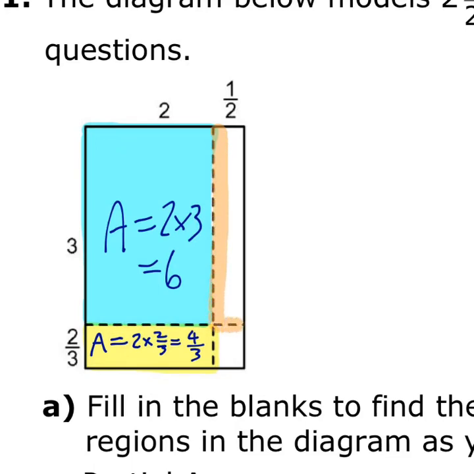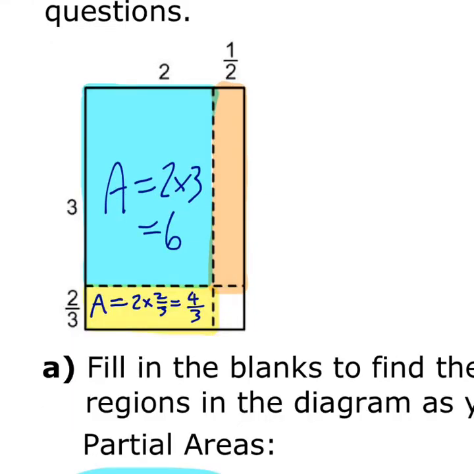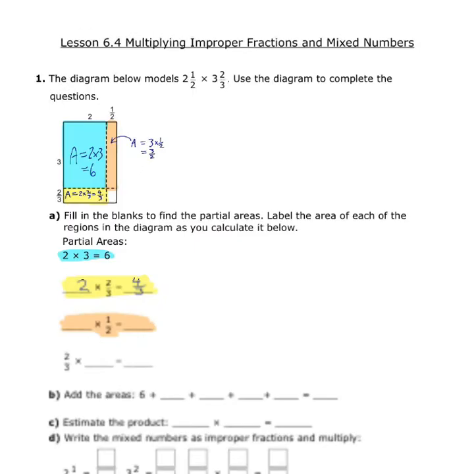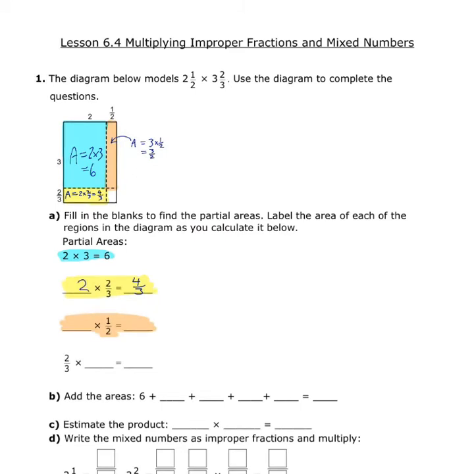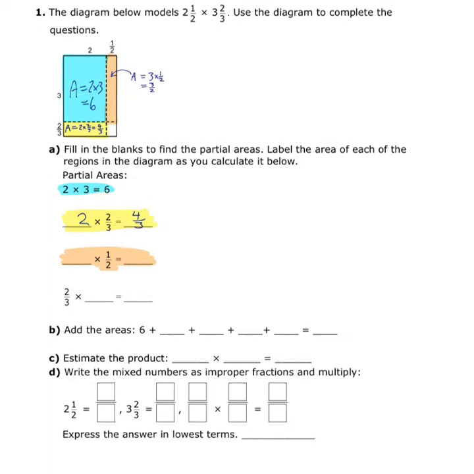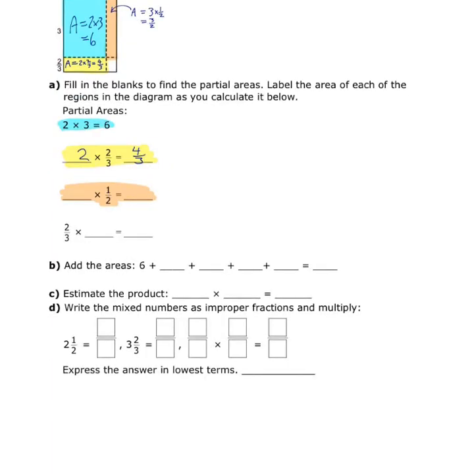So 3 times 1/2 gives us another one of the partial areas. So this particular area inside here is 3 times 1/2, which is equal to 3/2. Alright, so again, right over here, this is 3 times 1/2 is equal to 3/2.